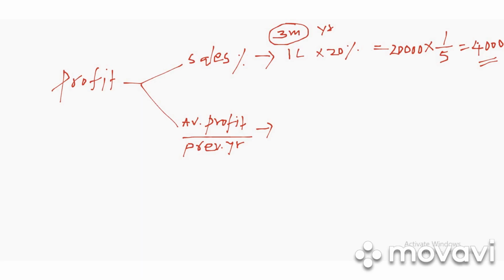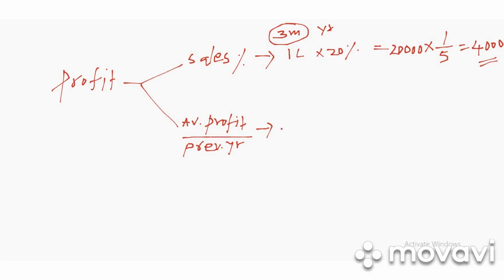Now there is another method which is followed. See, the partners will consider the previous year's profit or the average profit of the previous years as the same profit. They will consider the same profit for this year also. So they will see what is the previous year's profit or the average profit of the past few years, then work it out accordingly.